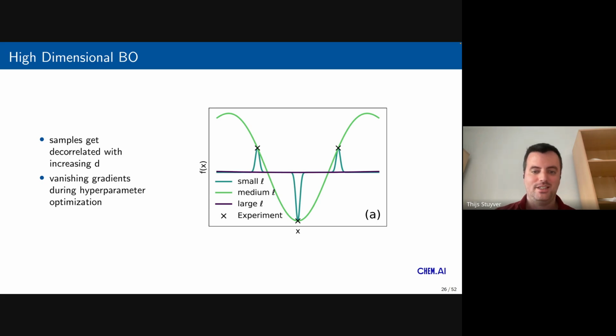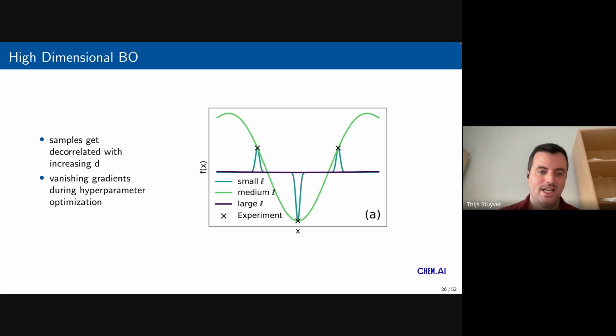But if your length scale is mismatched to the actual distances between your data points, then you can get these problematic situations indicated by the dark green plot.